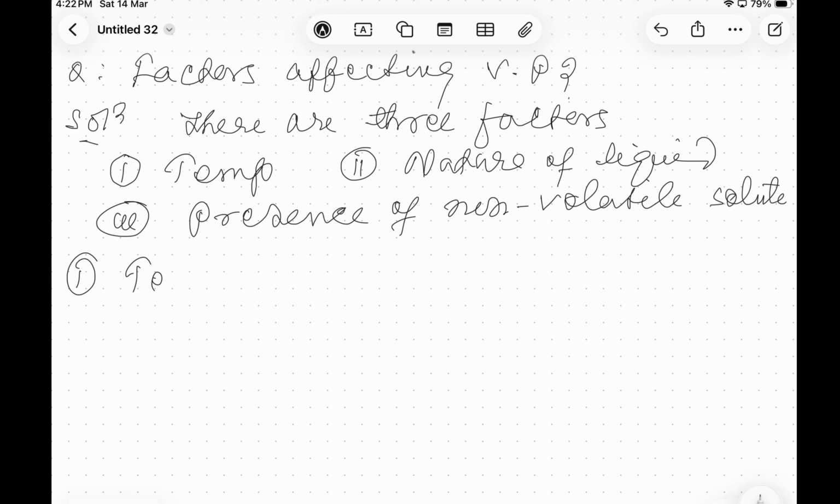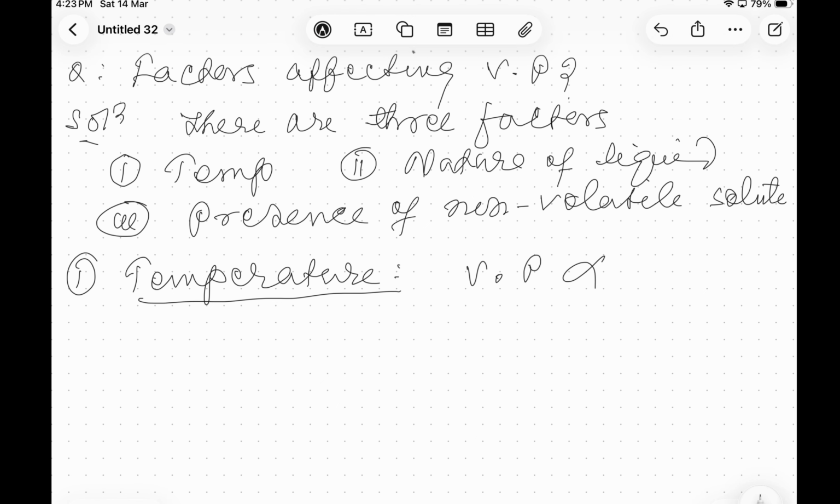Temperature. As we know, as the temperature increases, kinetic energy among the molecules increases, intermolecular force of attraction gets weaker and weaker, and evaporation increases. So the temperature directly affects the vapor pressure.